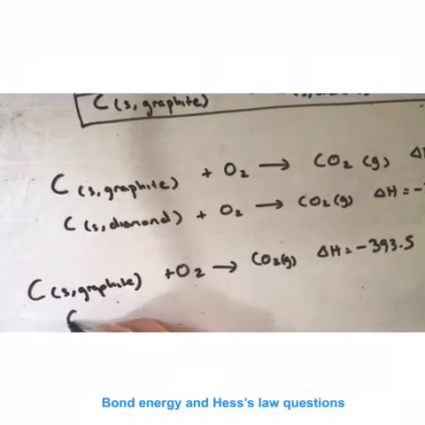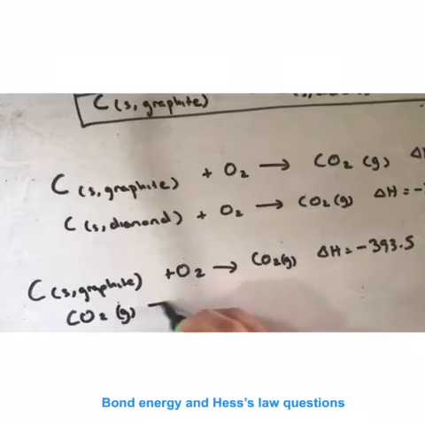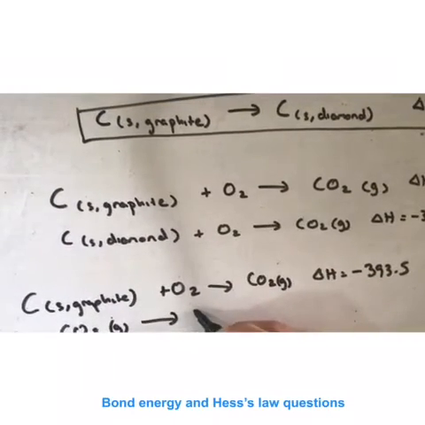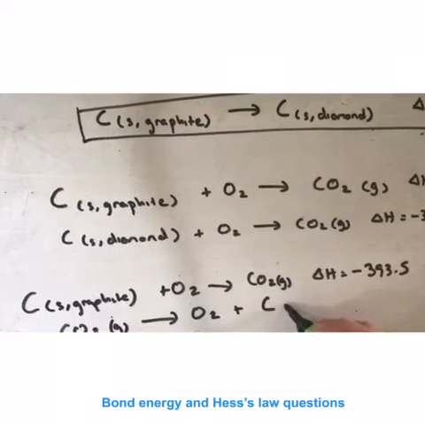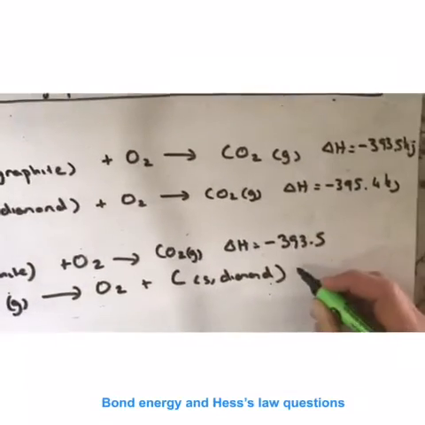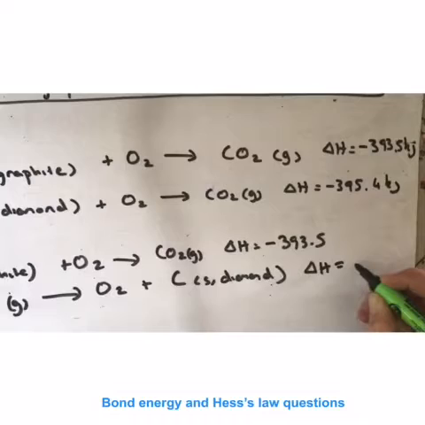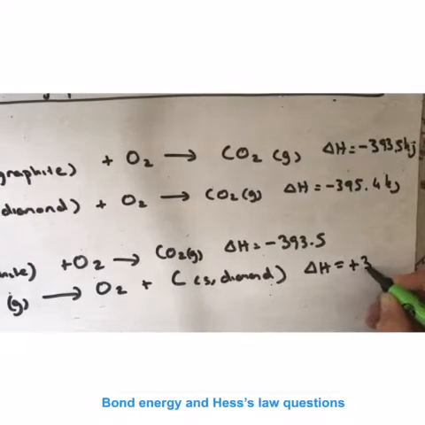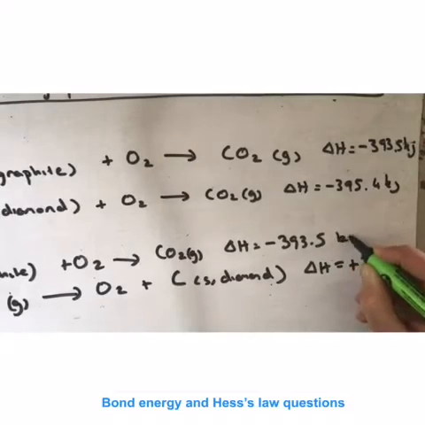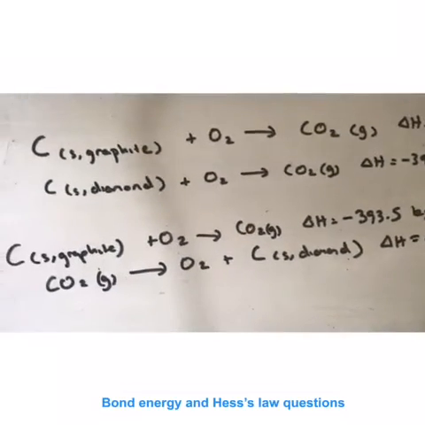So it's going to be CO2 gas, arrow, forms O2 plus carbon solid diamond. So we've just switched that equation around, and our delta H now has changed sign to positive 395.4 kilojoules per mole. Okay, that one's kilojoules per mole as well. So that's what we've done.